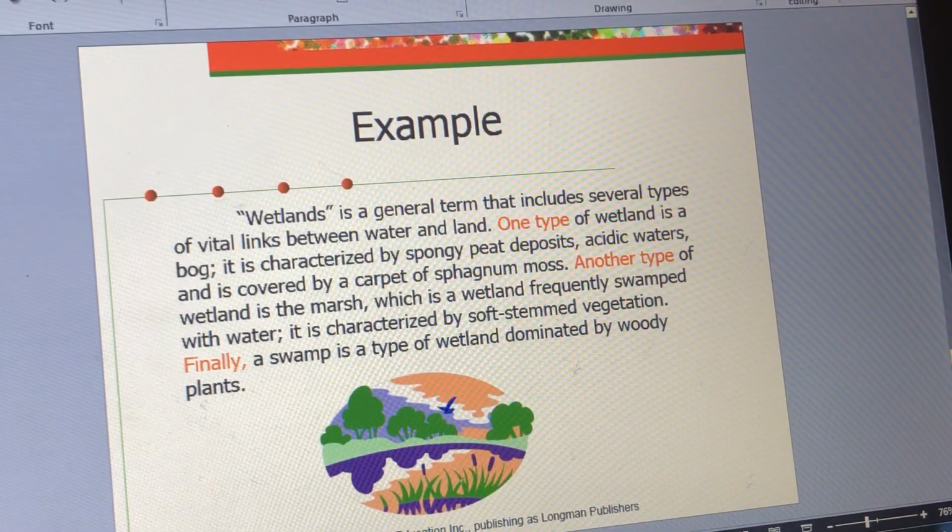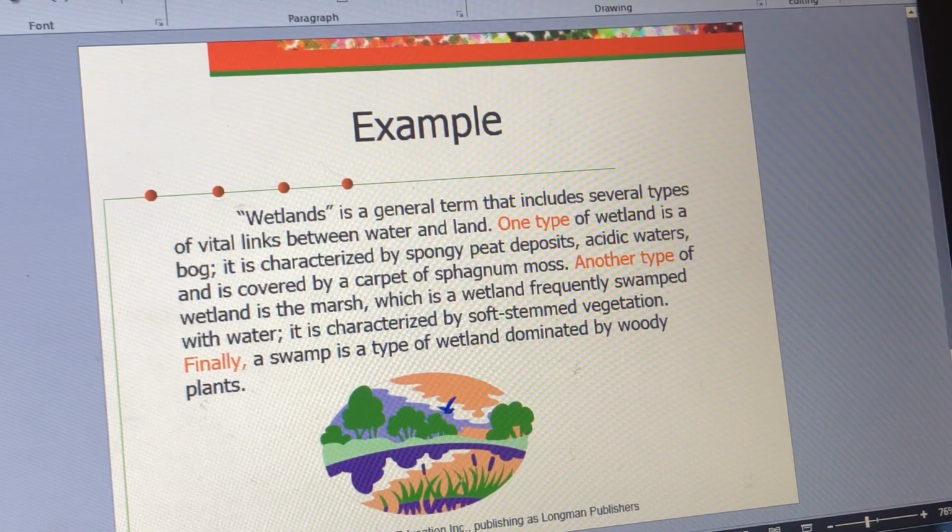Wetlands is a general term that includes several types of vital links between water and land. So there's kind of the topic sentence there. One type of wetland is a bog. It is characterized by spongy peat deposits, acidic waters, and is covered by a carpet of sphagnum moss. So one type tells us one of the ones that we're looking at, and then we have a definition so that we understand what that means.